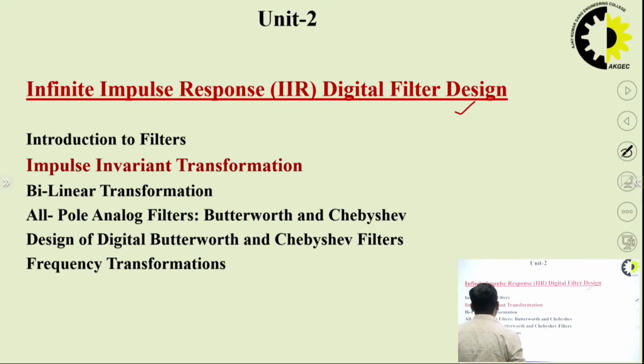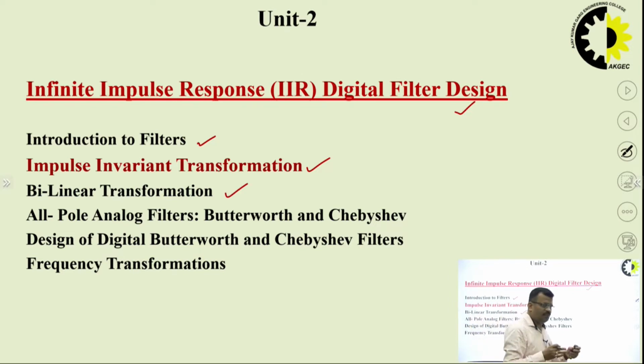Here is the introduction to filters. What is the meaning of a filter, and how do you classify filters? Next, digital filters, and how digital filters are different from our analog filters. Then some designing methods: the impulse invariant method, the bilinear transformation method, then the all-pole analog filters method, under which you will see Butterworth and Chebyshev methods.